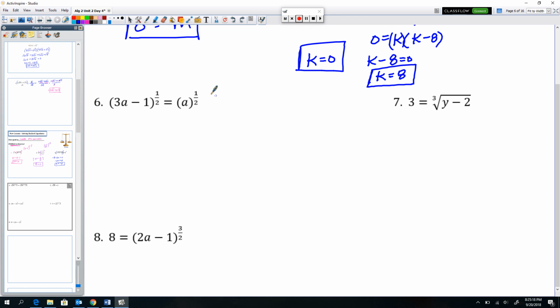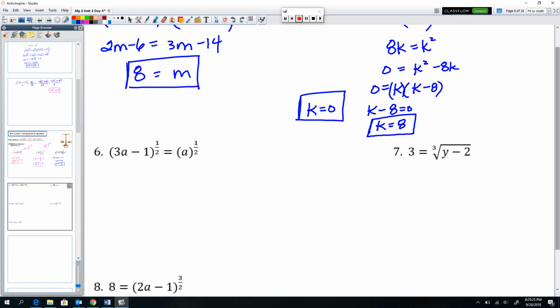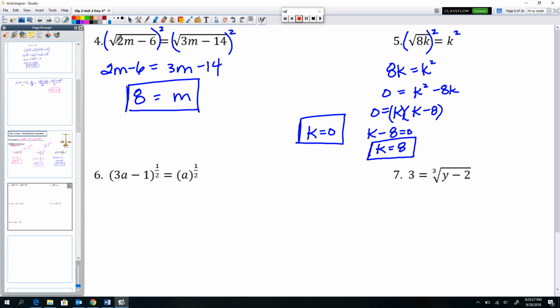Number 6, remember this 1/2 power, that's the same thing as a square root that we had in these previous problems, right? Square root, 1/2 power, same thing. So we're going to use the same plan to solve these. Raise it to the 2 power. Same plan.